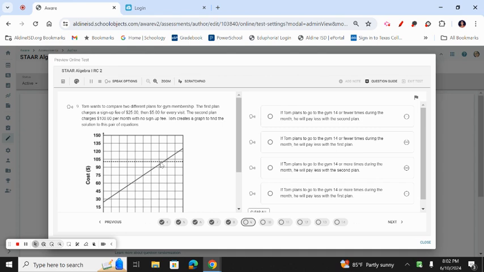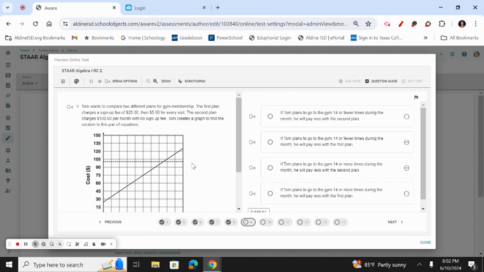So before they get to it, I'm going to look for the one that's lower. This one is lower. That means this would be the cheaper option. This one's the first plan. The first plan will be cheaper if I plan to go only less than 14 times. If I go more than 14 times, then I look at the line that's lower. The lower line is the dotted line. That's the second plan where you're paying $100.